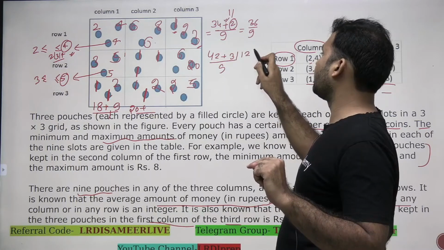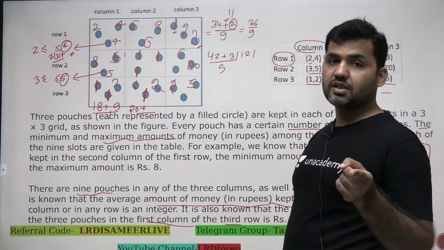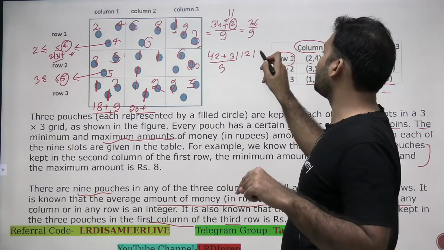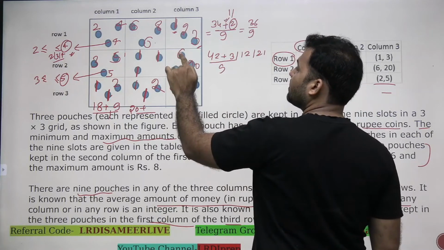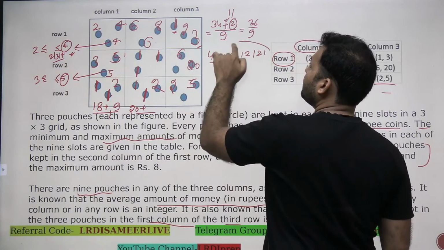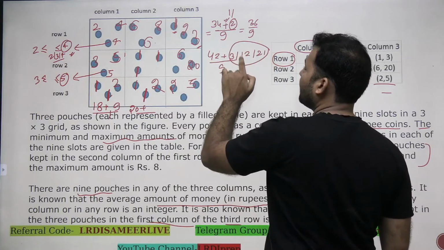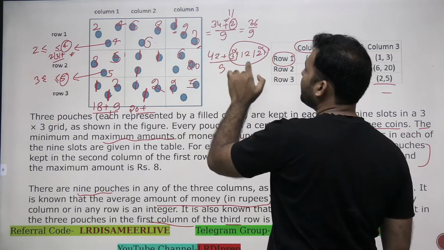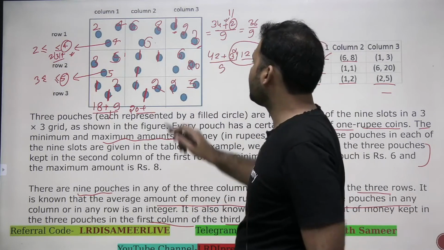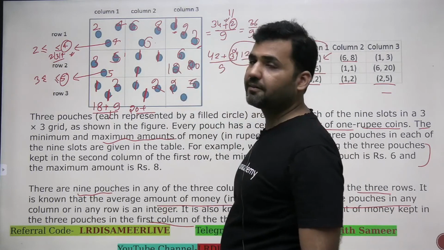For that I need a value of 12. It can be 63 also. For that I need a value of 21. Now tell me a number which is greater than equal to 6 and less than equal to 20 with these possible options. You see that 3 is not coming in this range, 21 is not coming in this range. The only possibility is to put 12 coins here, right?